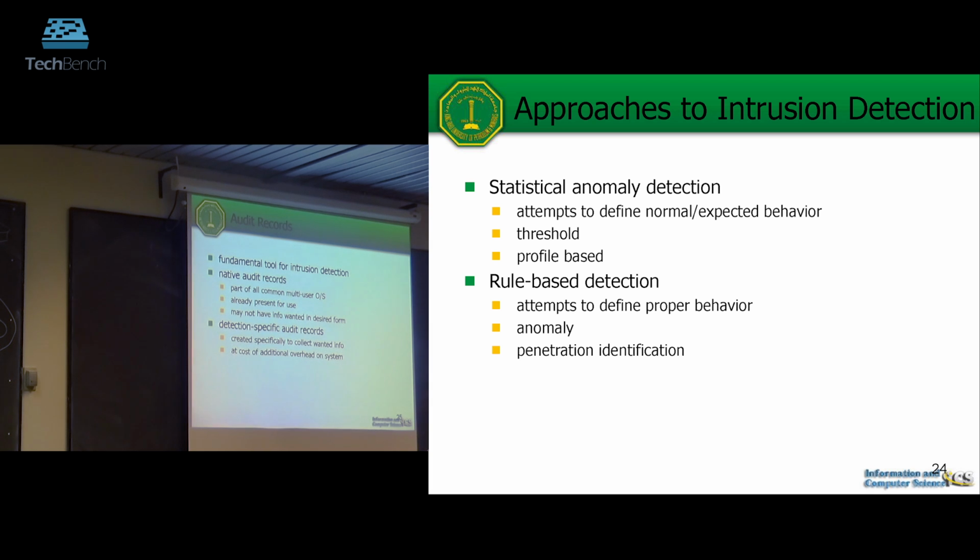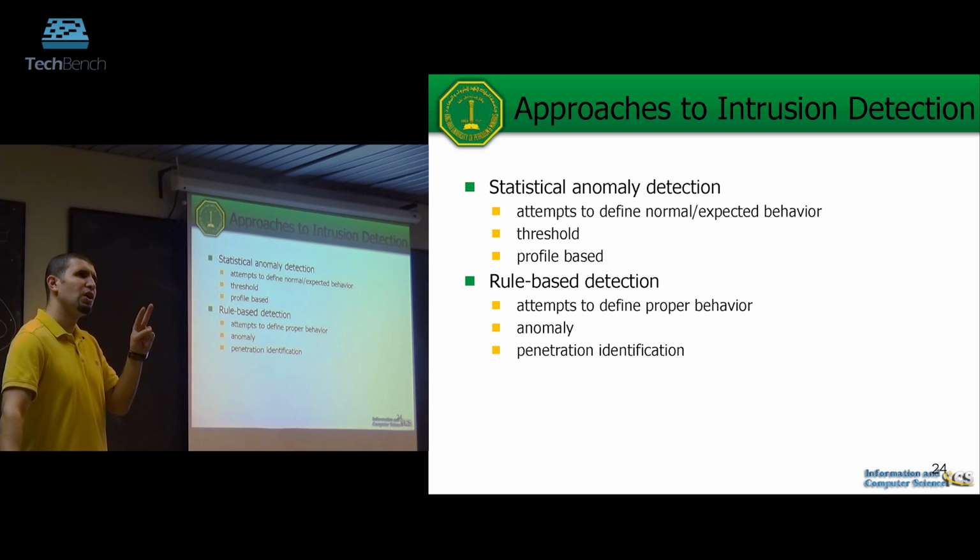It depends, because in the first slide we saw that there are two types of intruders. The first one is the masquerader. A masquerader is an external attacker. It's not part of the system and does not have an account.